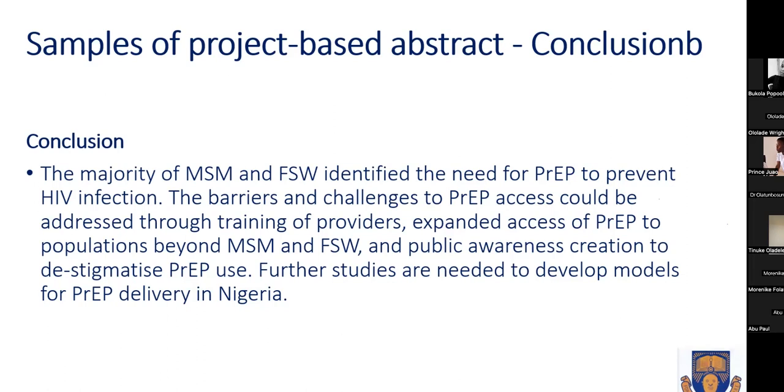That person, in 2 sentences, has answered the objective. Recommendation: further studies are needed to develop models for PrEP delivery in Nigeria. So this is 1 mark. Guys, call this person Conclusion B.